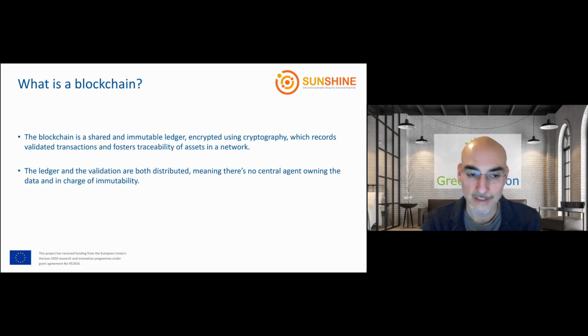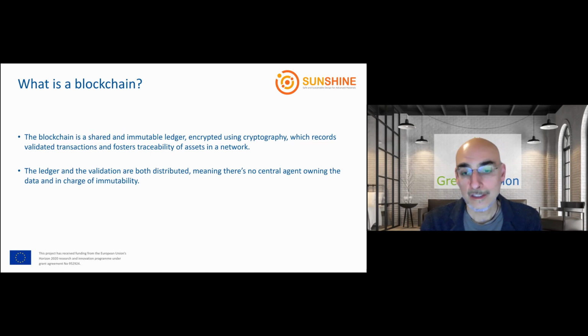There will be a Sunshine network with several nodes exchanging information. Every time information is used inside this network, this generates a transaction, and this transaction is stored in the blockchain. This ensures that every time data is written or read, we know who provided and who exported the data.